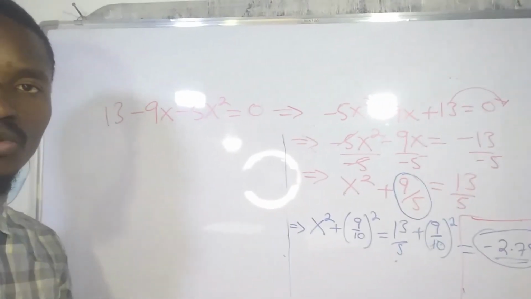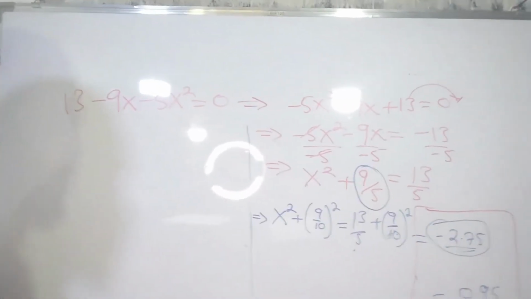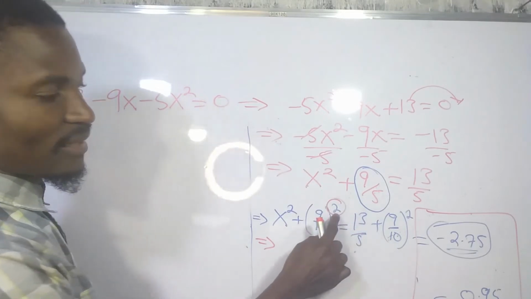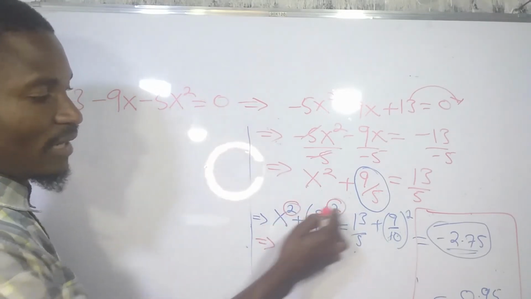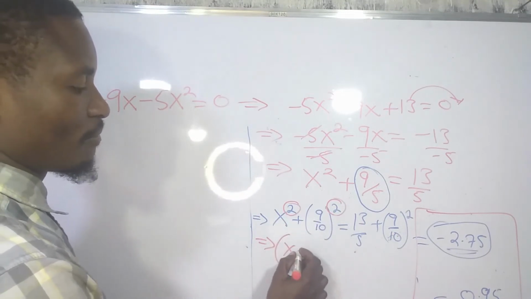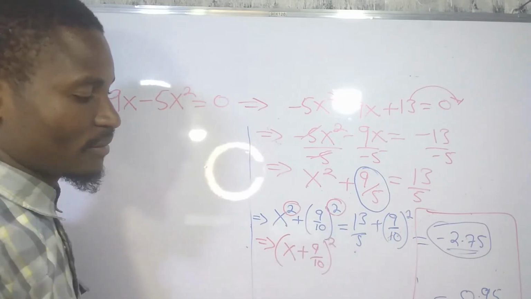So now what you do is, you get the like terms, these factors that have squares. So you say x plus 9 over 10, then squared.